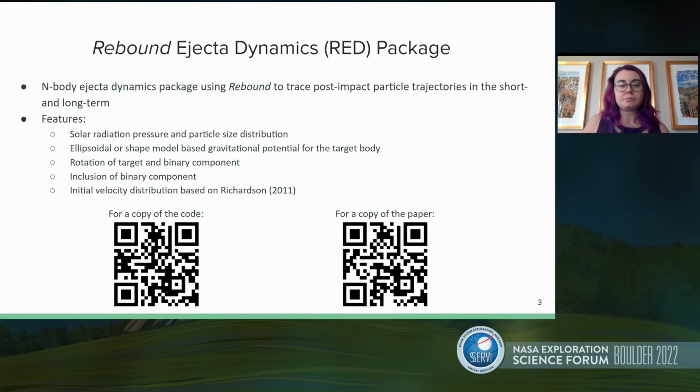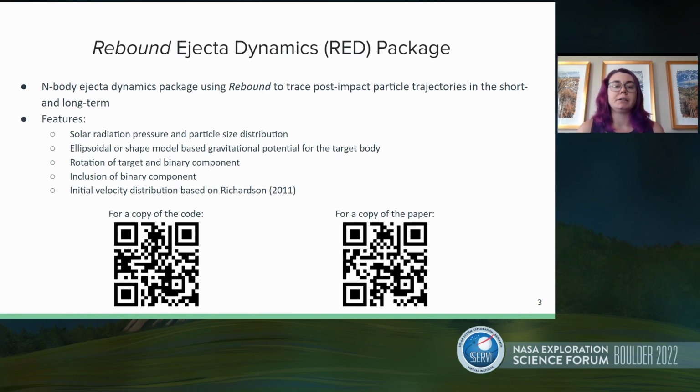impact? So for this, I use the REBOUND ejecta dynamics package. I have a copy of the code in the left QR code, and then I recently published this code in a paper, and the QR code for that is on the right, if anyone's interested.